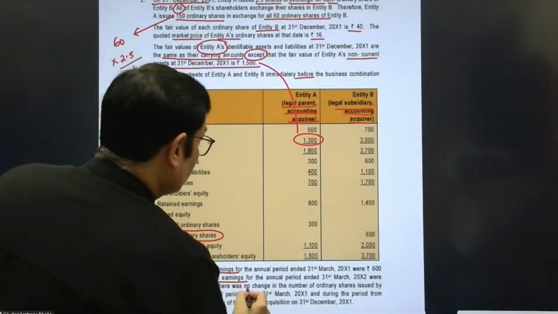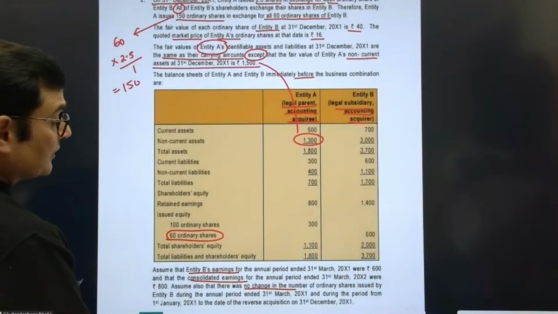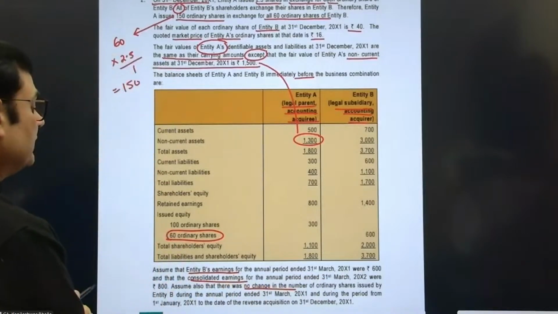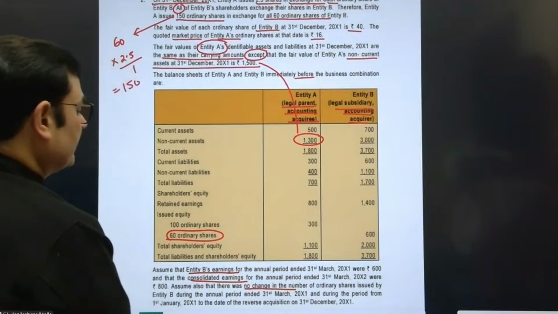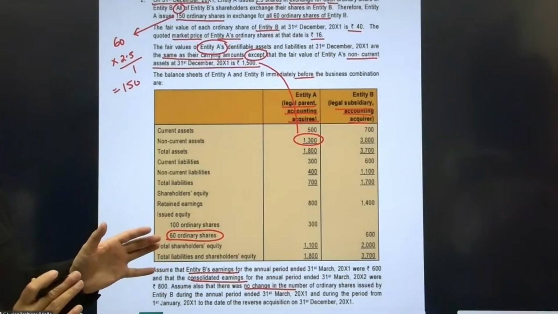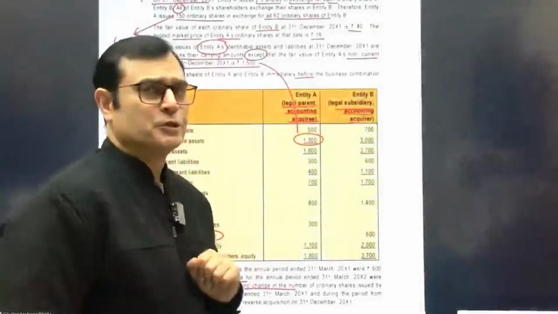Assume that there is no change in the number of ordinary shares issued by B during the year ended March X1 and during the period January till the date of reverse acquisition. So the number of shares has not undergone any change as per the instructions in the question. There is only one more piece of information given: calculate the fair value of the consideration, measure the goodwill and prepare a consolidated balance sheet.